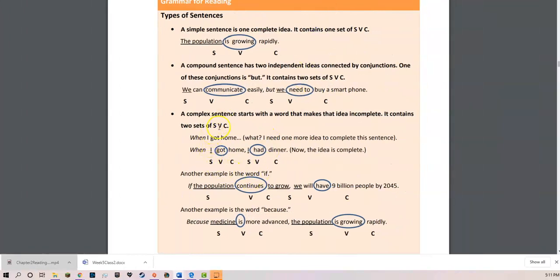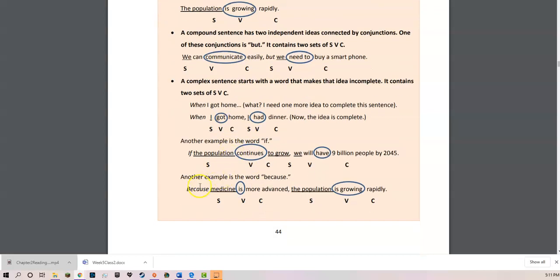Now let's take a look at an example with if. If the population continues to grow, we will have 9 billion people by 2045. This is an example of a complex sentence. If I put if at the beginning of a sentence, I have to have a comma, another subject, another verb, another complement. Otherwise, it's a fragment. Another example is the word because.